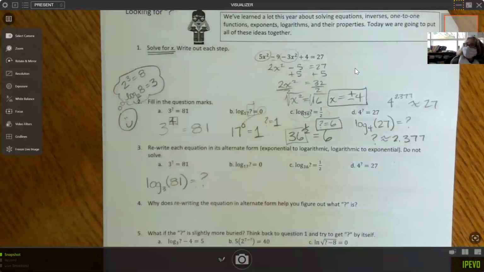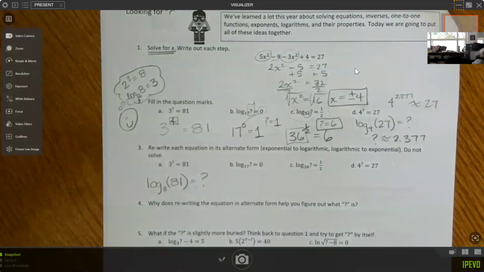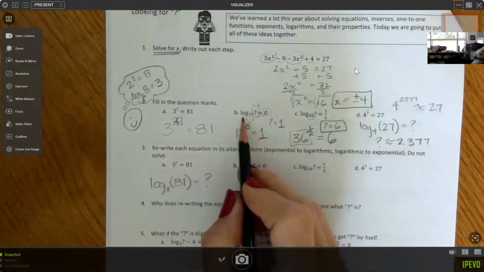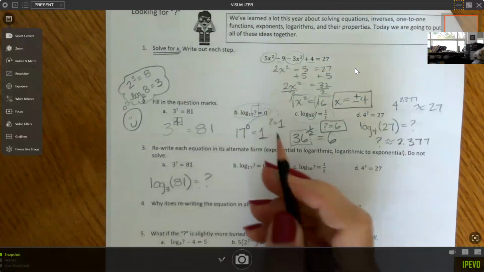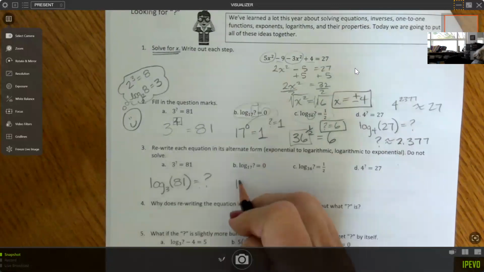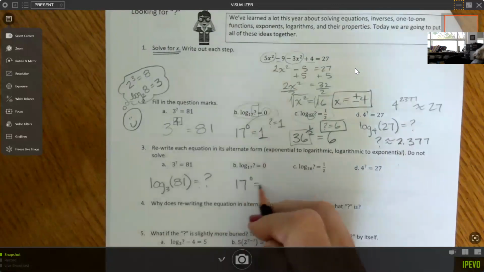And so it gets the thing you're solving for, the question mark, by itself. So sometimes the exponential form will make it easier to see, sometimes the log form. This was in the log form, so I think it was a lot easier to see when you wrote it like this.